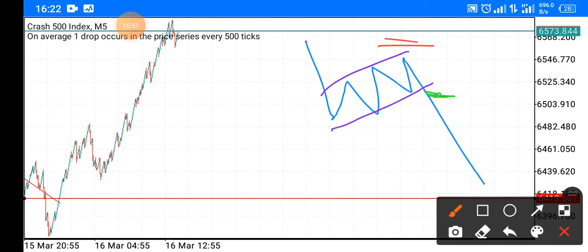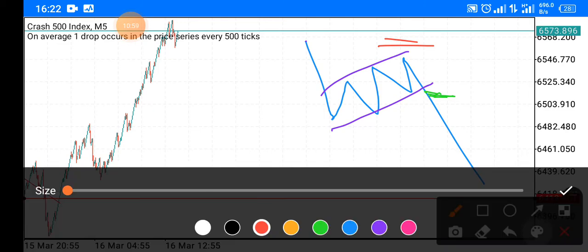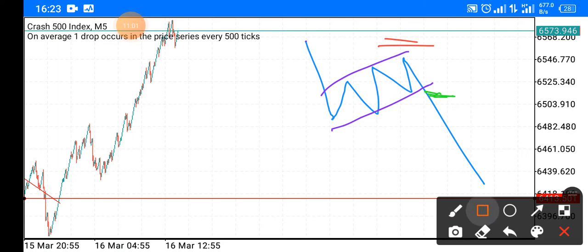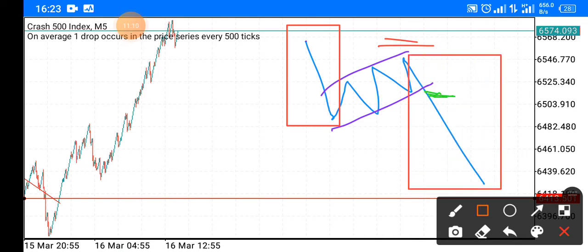It's not always, but most of the time you measure the number of pips in this impulsive move, then that's the same number of pips that you're going to be targeting on the second impulsive move we are waiting for.